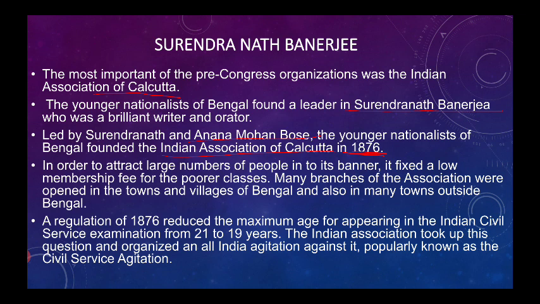The reason to form this organization was to get a powerful public opinion, to promote the unity of the Indian people, and also to broaden the base of the national movement. These were their main objectives.